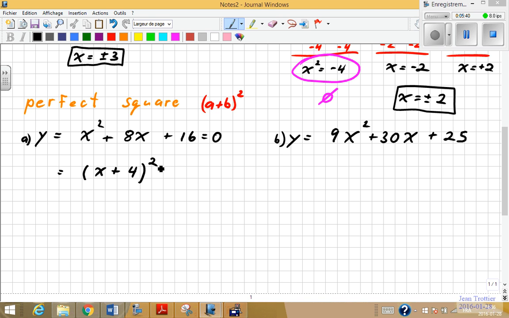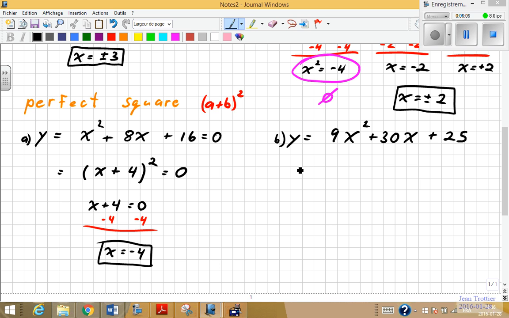So we have the answer right there. That means there's only one factor. So x plus 4 equals 0. I should have continued with my equals 0 here. So we solve this, minus 4 each side, and we end up with x equals negative 4 as the single solution.